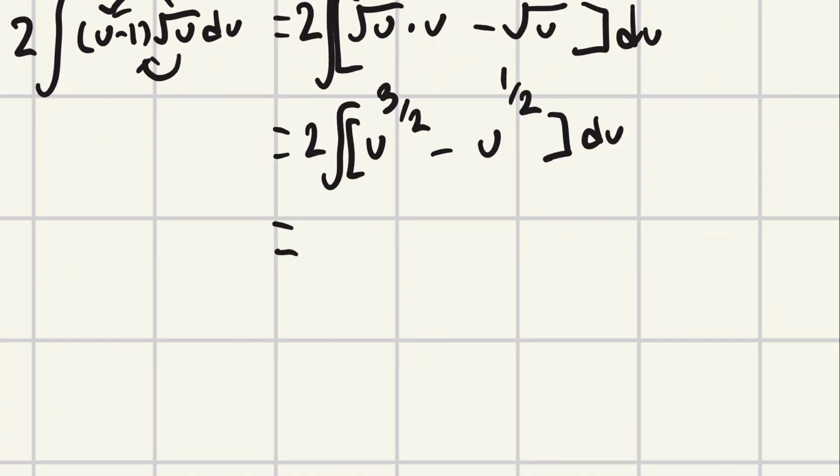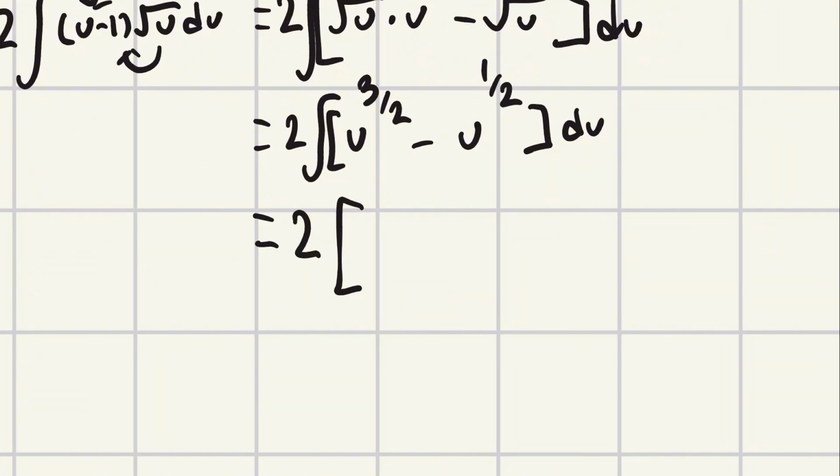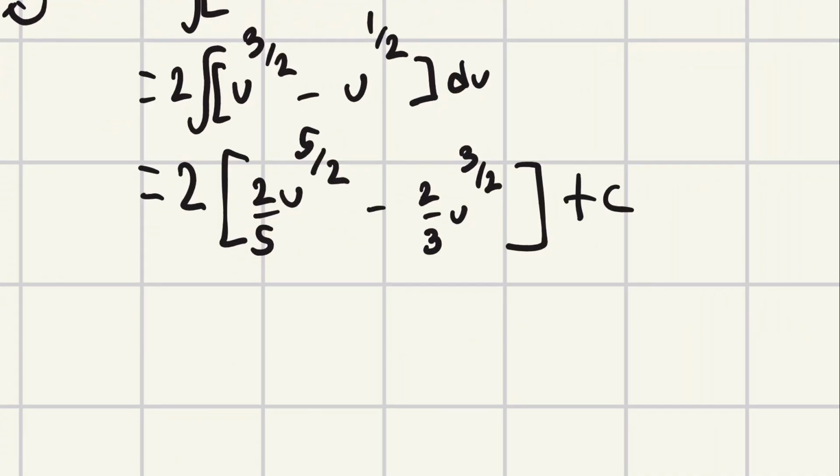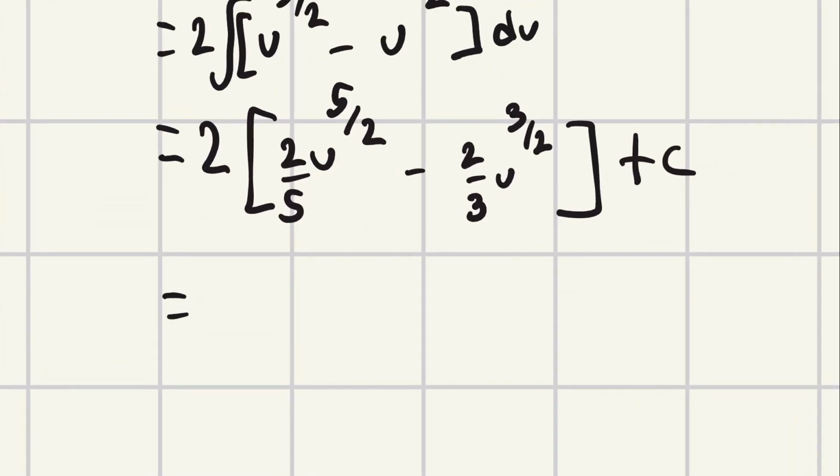We can do the inverse power rule, and we can say that 2, keep that on the outside first, right? u to the power, remember we're adding 1 to the power, so we're going to get 5 halves times 2 over 5 minus 2 thirds u to the power 3 halves. Do not forget the plus c, right? So next step, we can multiply our 2 in.